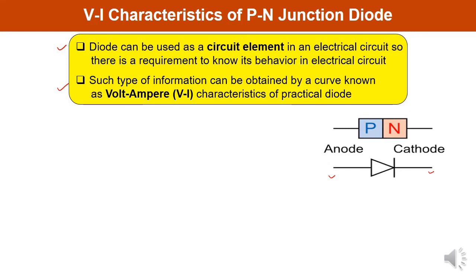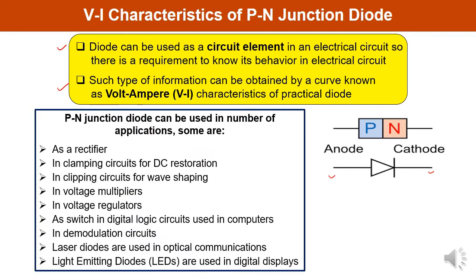But before starting that, let us discuss what are the applications where PN junction diode can be used. A number of applications are there, but I have listed out some of the applications where it is commonly employed. PN junction diode is used as a rectifier. Rectifiers are those circuits which convert AC into DC.